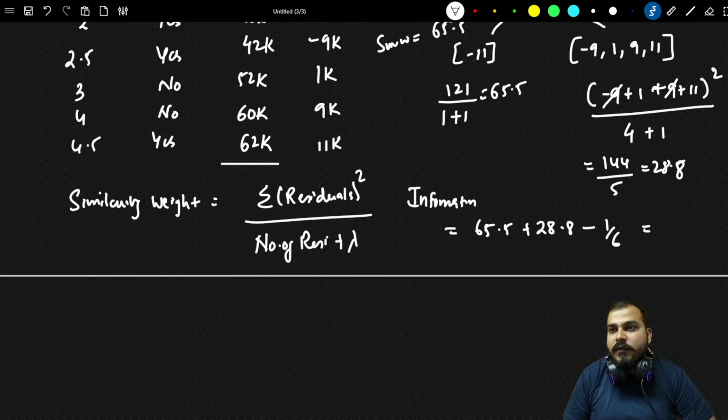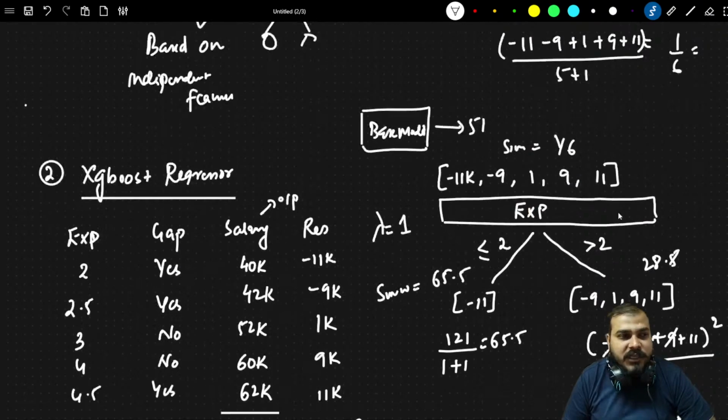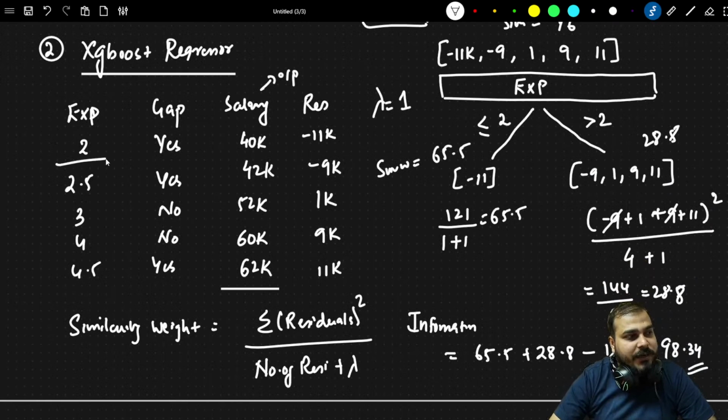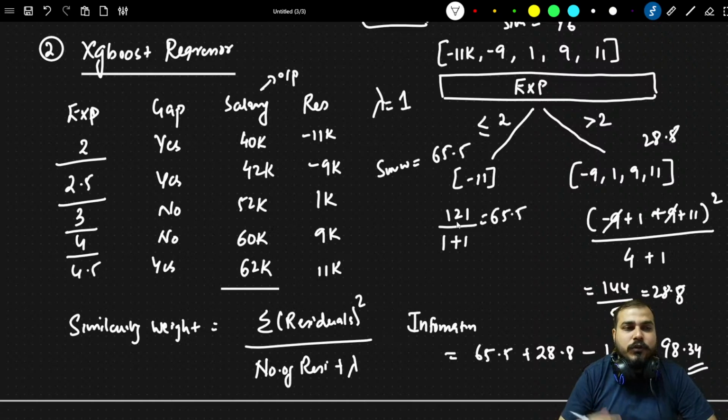Just tell me what the output will be. 60.5 plus 28.8 is 89.3, so we are going to get 89.13. So 89.13 is the information gain with respect to this record when we split. We'll compare with the split of each and every one, and whichever is better, we'll use to split.